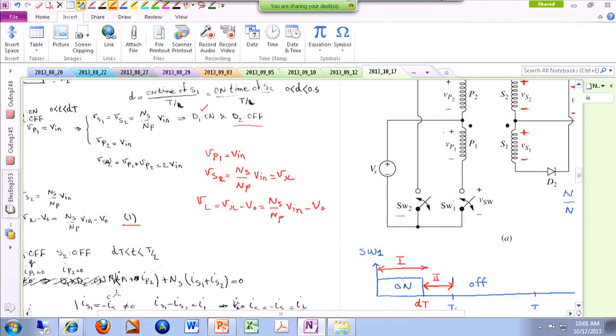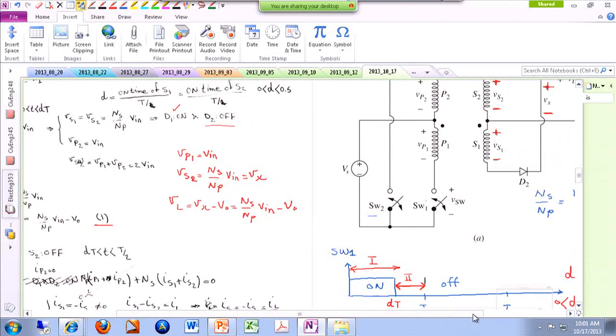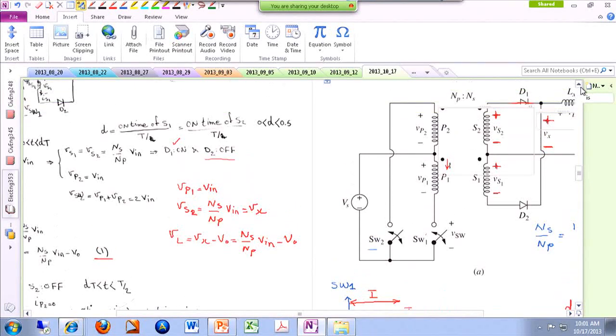So if you look at the schematic, if I keep both of the switches open, that means there is no way for this current to be non-zero because it has to go through the switch and the switch is open. And also, there is no way for this current to be non-zero because this is again the current of the switch over here, and because the switch is open, this current is 0. All right.